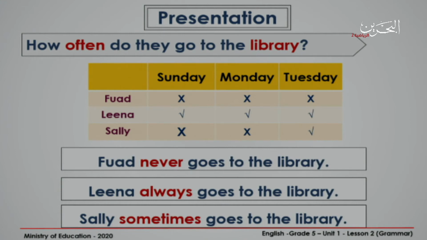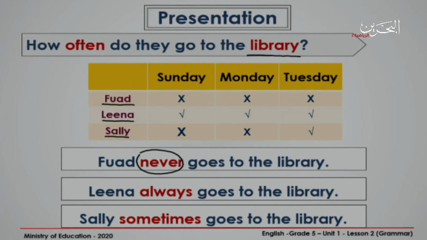We have another table with the same people, Fuad, Lina, and Sally. This time, this table shows you how often they go to the library. Fuad never goes to the library. Look at his row.